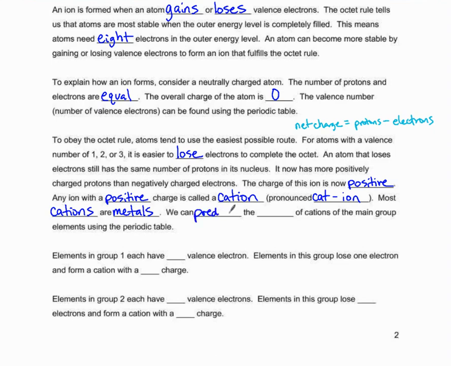We can predict the charge of cations. We can predict the charge of cations of the main group elements just by looking at the periodic table.